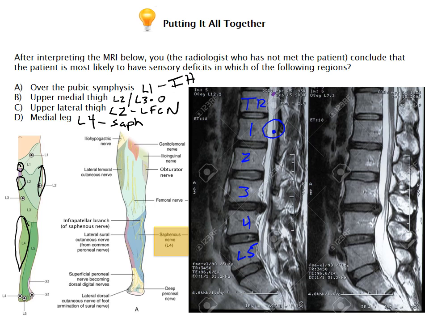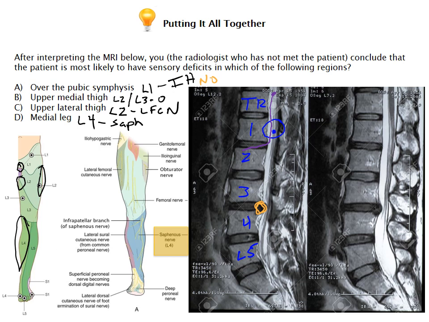Well, L1 is coming off way up here somewhere. It's traveling down. It's exiting out right here underneath the L1 vertebral body, out the L1, L2 intervertebral foramen. So can that be compressed by this herniated disc? I don't believe so. So we can say no to this one.